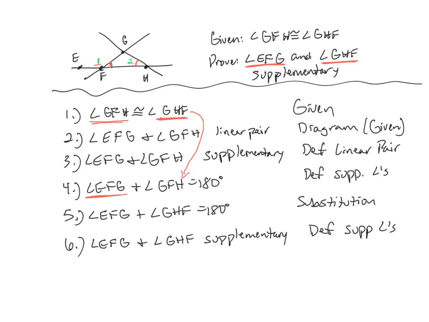So remember, on one of the proofs that you have to do on your own, let me give you some hints. You're going to have to use bisect. I talked about that: they cut each other in half, so both sides are the same. You're going to have to use segment addition.